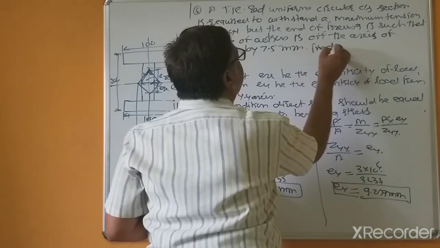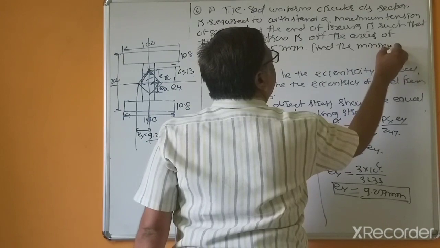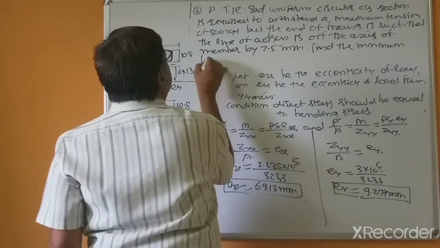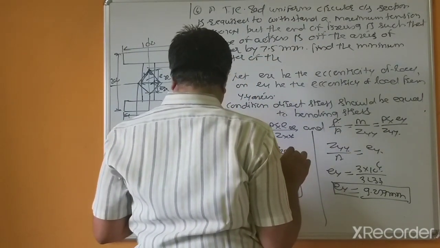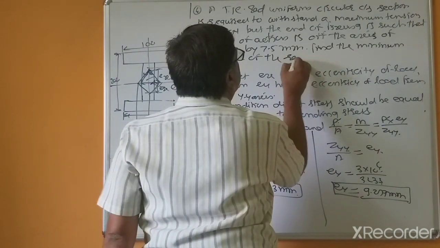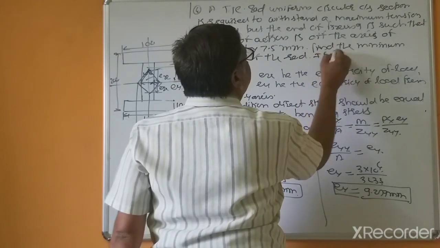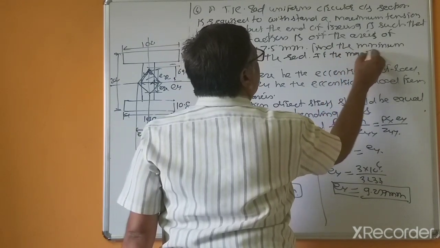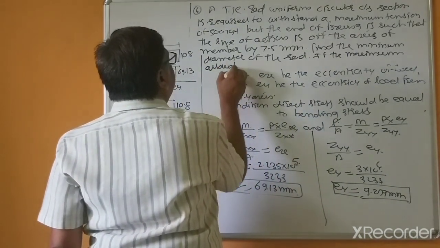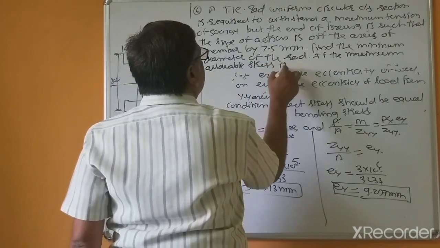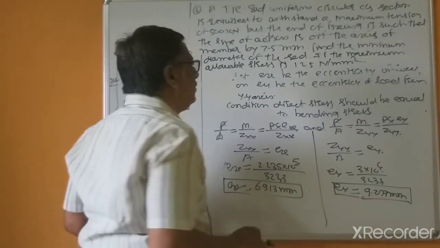Find the minimum diameter of the rod if the maximum allowable stress is 125 Newton per mm squared.